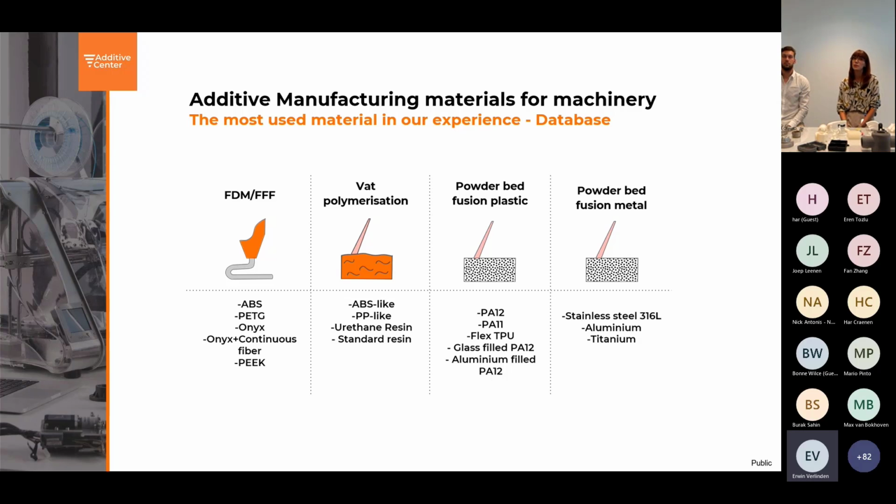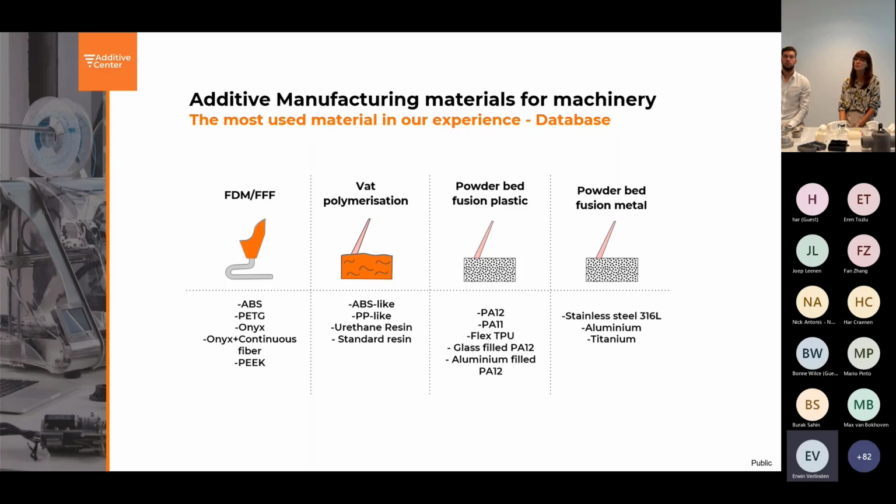And then we have Onyx with continuous carbon fiber, and PEEK. For VAT polymerization, there are materials like ABS, PP, urethane resin and standard resins. These are usually resins created to imitate well-known materials, like ABS or polypropylene.